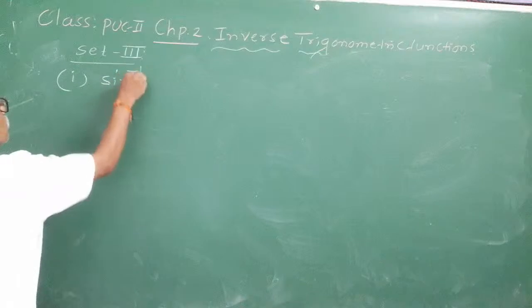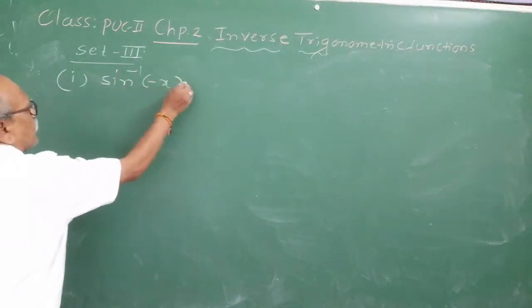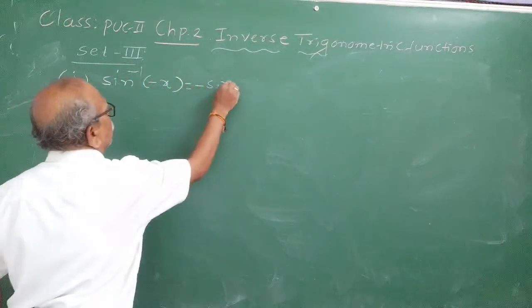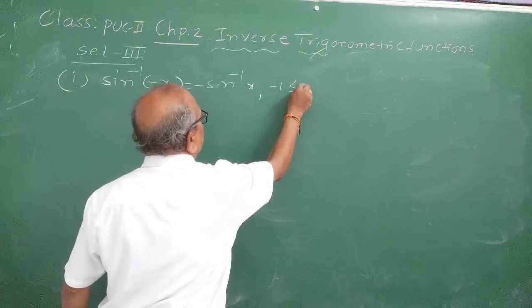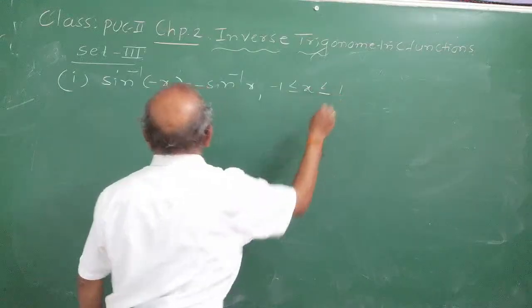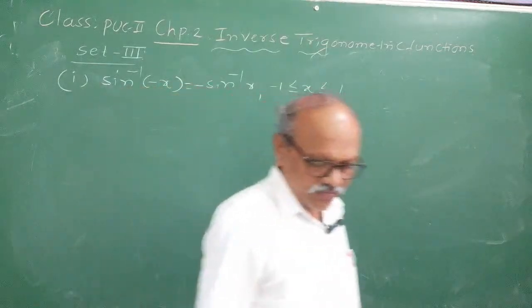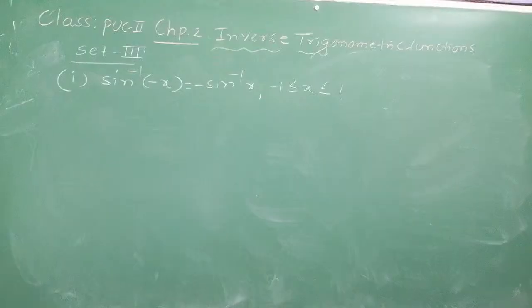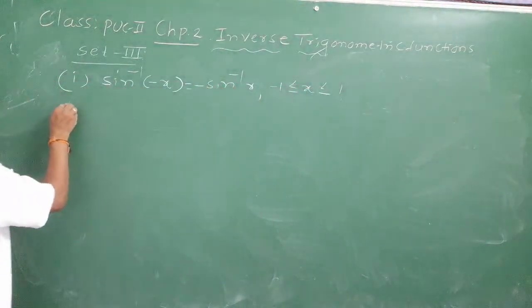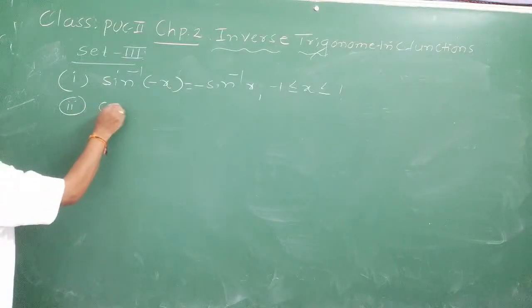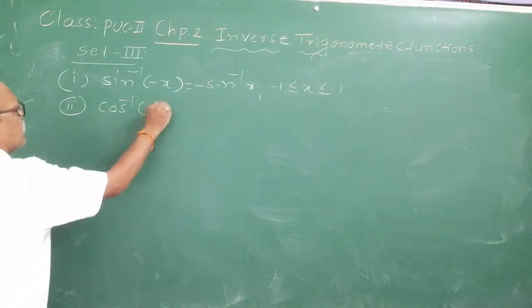Sin inverse minus x is equal to minus sin inverse x, provided x lies between minus 1 and plus 1. Take the next one.